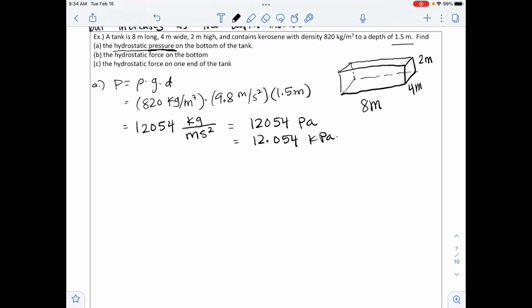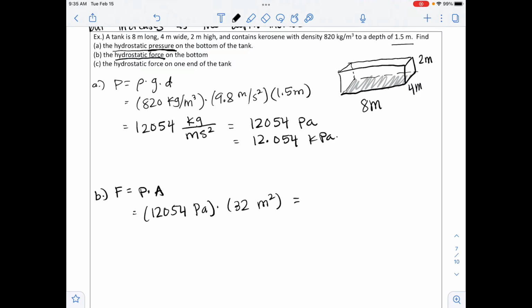Part B says find the hydrostatic force on the bottom. So part B is the hydrostatic force, and we know that force is equal to pressure times area. The pressure we got from part A is 12,054 pascals, and the area on the bottom of our tank would just be 8 times 4, which is 32 meters squared.